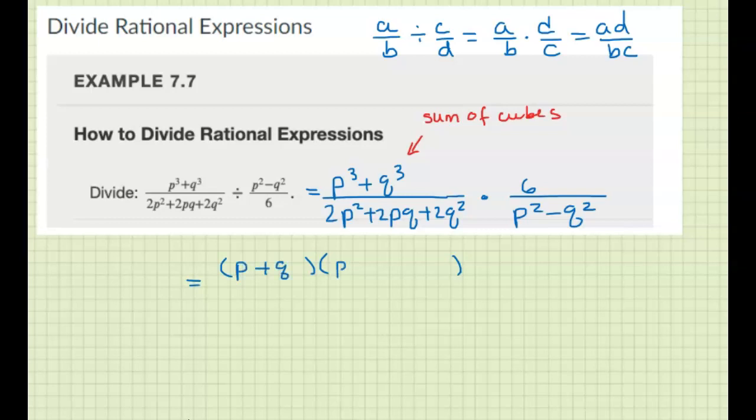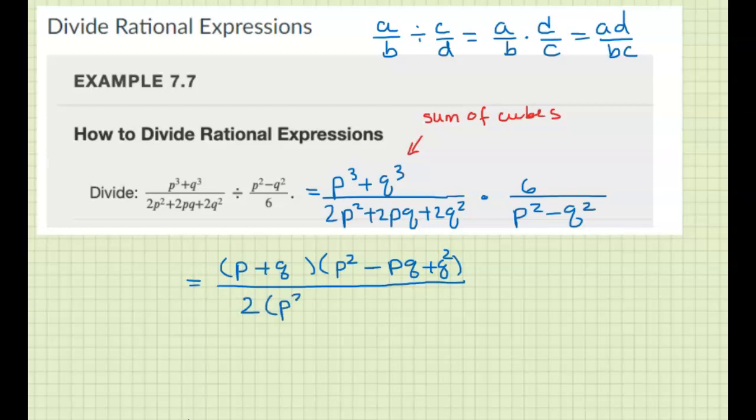And the second one is going to be p squared minus pq plus q squared. Right? You can look up those formulas from section somewhere in chapter 6, your factoring rules worksheet or a handout or notes. All right, in the bottom, we're going to factor out a 2.